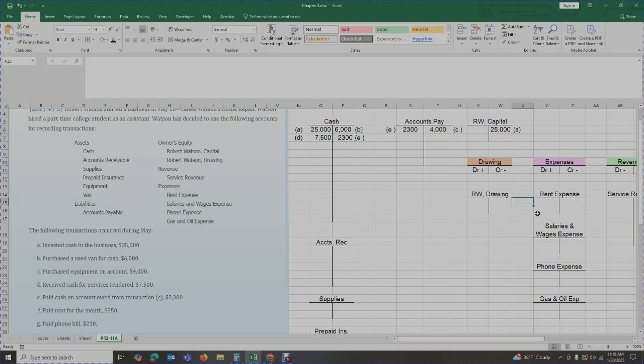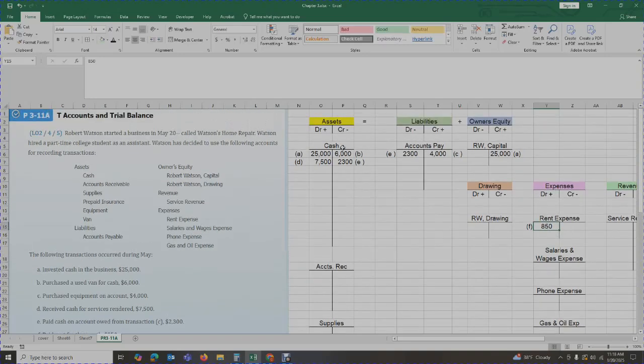Rent expense will be debited. And what letter is this? This is letter F. Okay, so letter F, and let me move this over here. And I am paying the rent for $850. So $850, my rent expense is increasing. I am going to debit it. Now, how am I paying for the rent? I am paying my rent with cash.